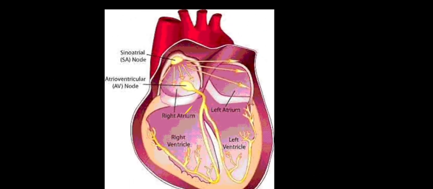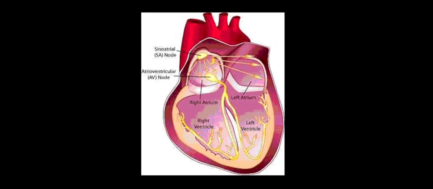Then this passes down the atrioventricular septum and divides into two, the left bundle and the right bundle, which again divide into minute branches called the Purkinje fibers. All this together is called the bundle of His.